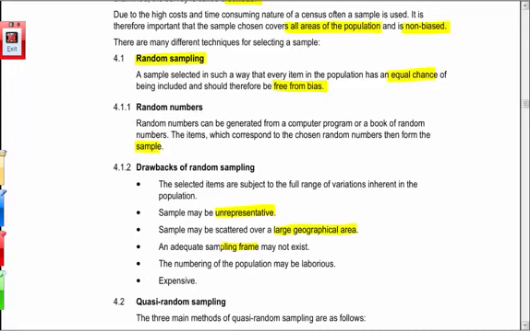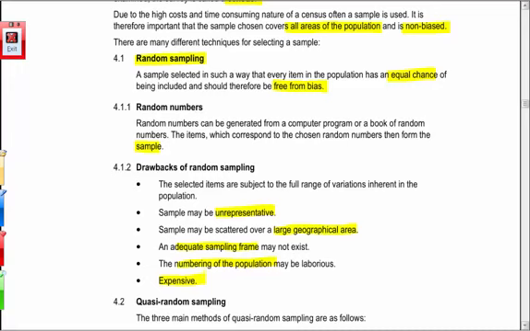We might not have a sampling frame that's adequate for our needs for understanding the population, and numbering all items of the population can be very time consuming and laborious, so that you can then apply those random numbers. It's also expensive to do because you have to go through this process of numbering the population and selecting people at random.